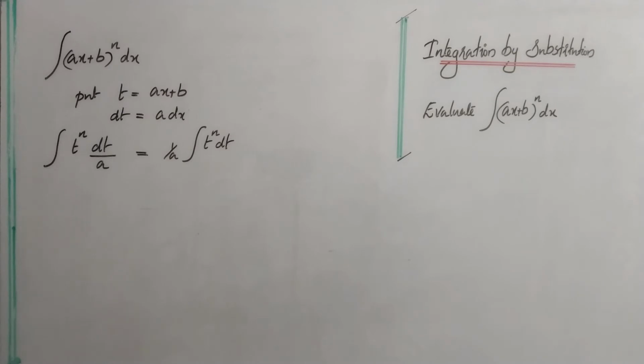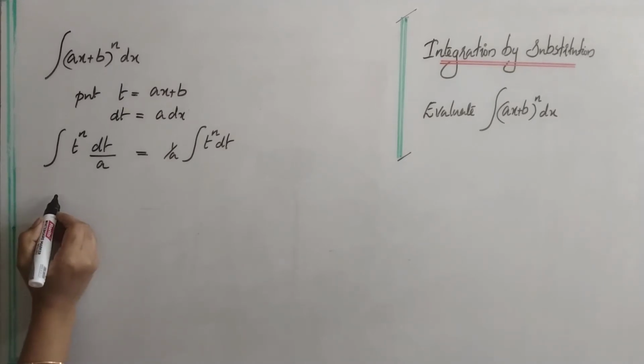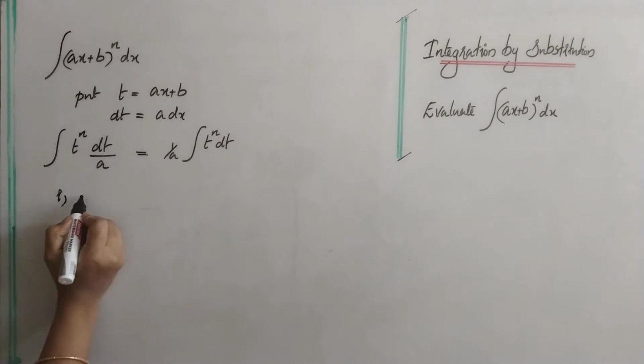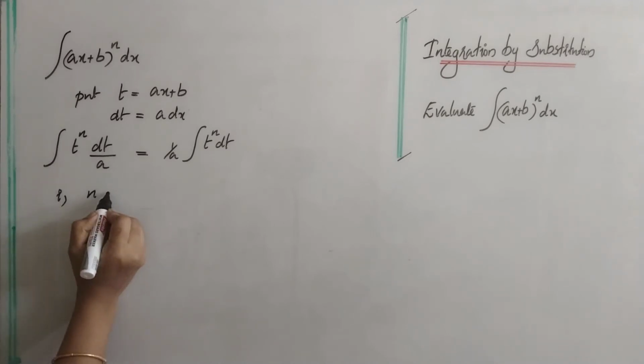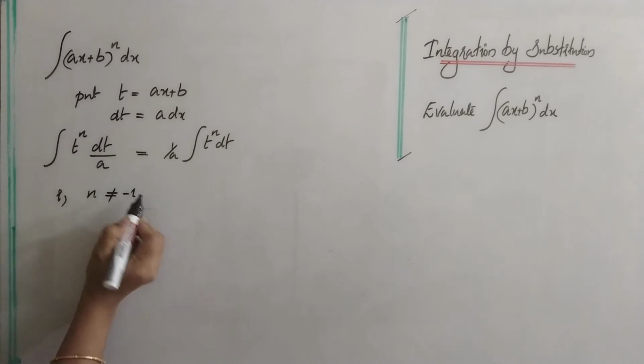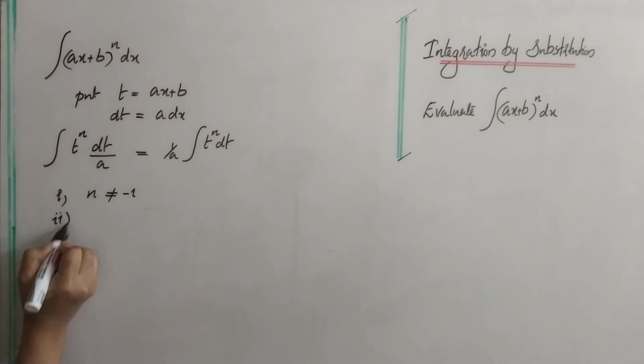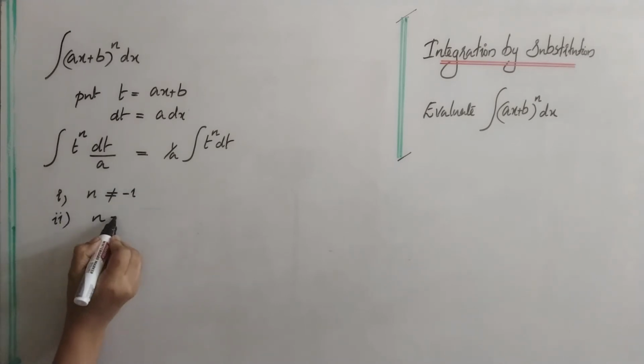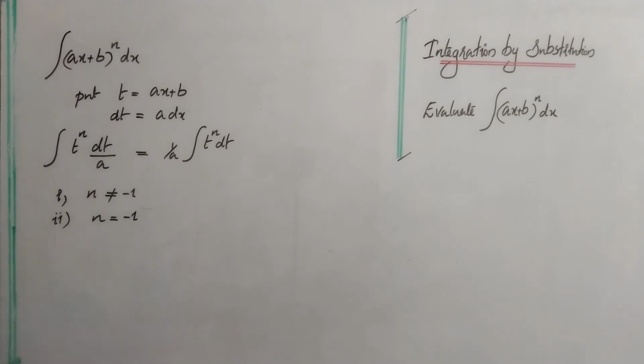Now here we have to consider two cases. The first one is n not equal to minus 1, and the second one is n equal to minus 1.